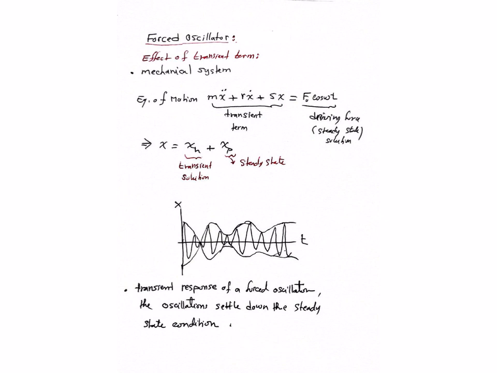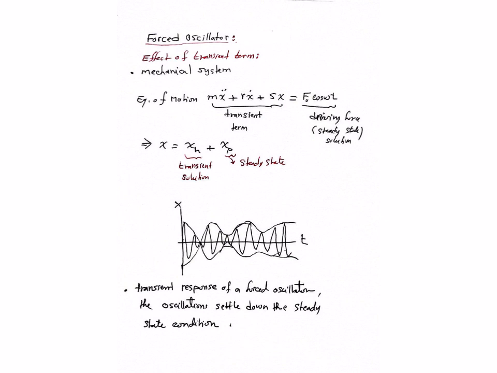The mechanical equation of motion for the forced oscillator, we already know, is given by m x double dot plus r x dot plus s x, or k x, equal F0 cosine omega t.